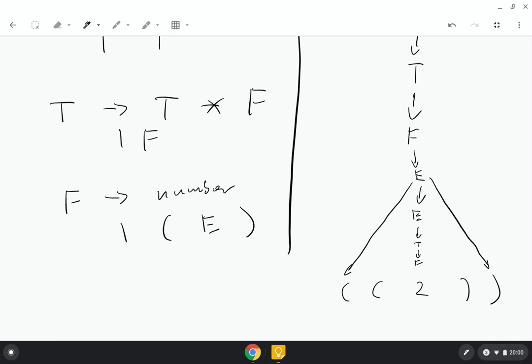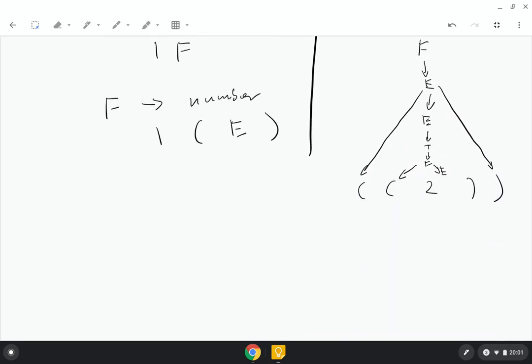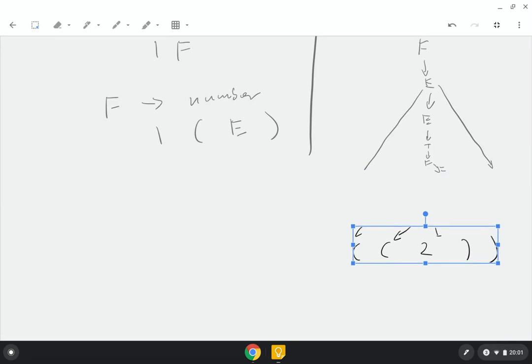Oh, no, parentheses, no. Parenthesis, E, and then we have to move this yet again because this is a very long parse tree.